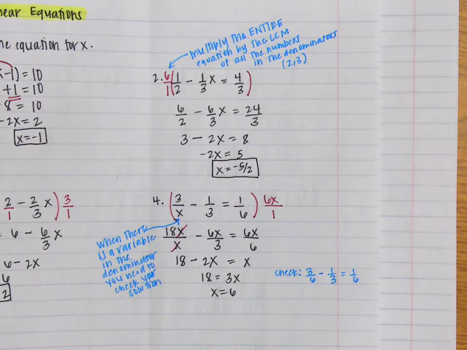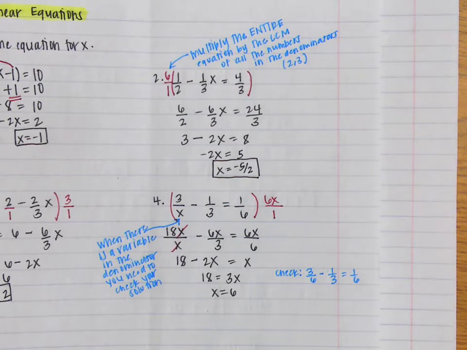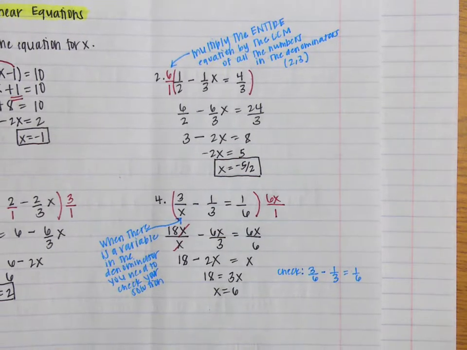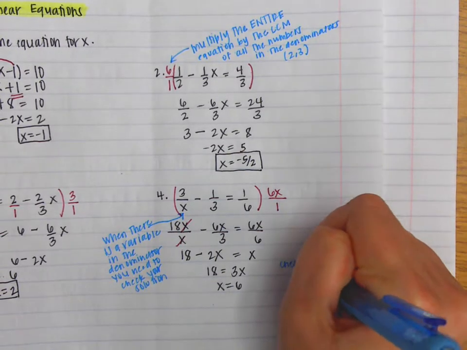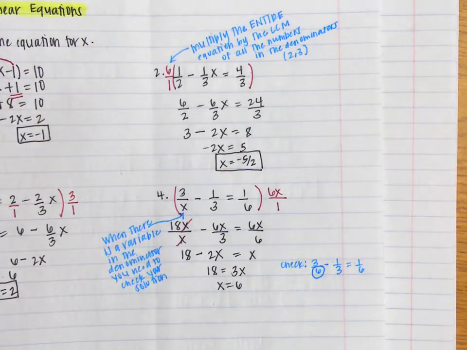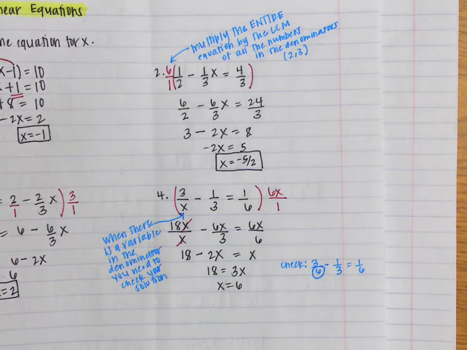So honestly, that's really all I have to do to check. I could keep going to make sure I did the math correctly, but in terms of checking to make sure that the solution doesn't make my denominator 0, we're good here because I plugged it in for the denominator there, and it didn't make my denominator equal to 0.